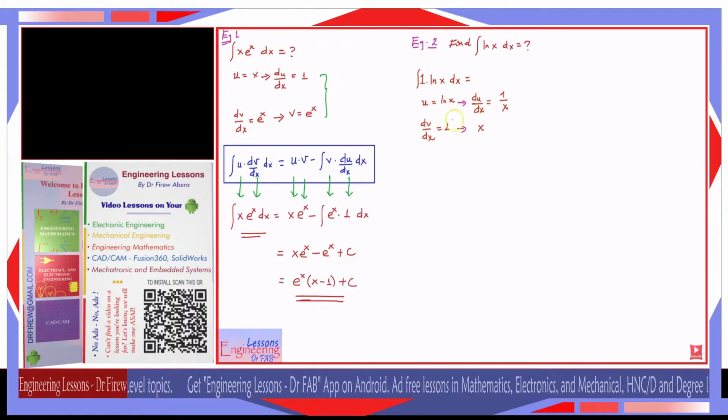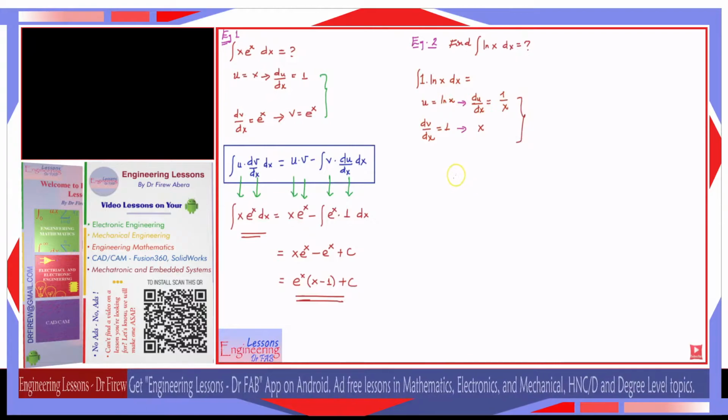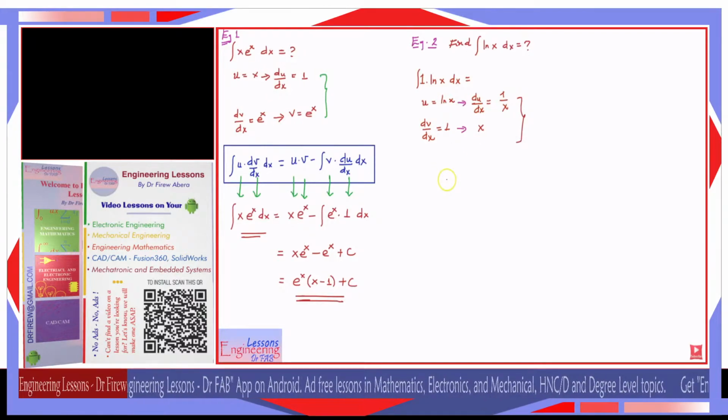So now let's substitute those known variables into our integration by parts formula.